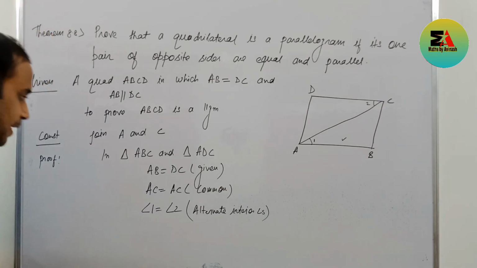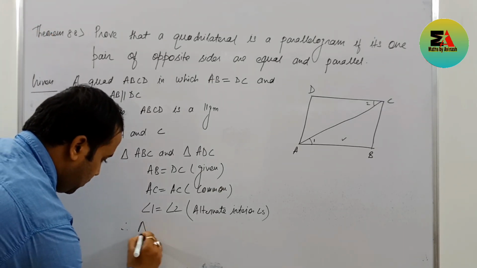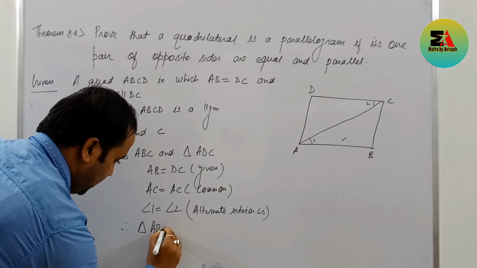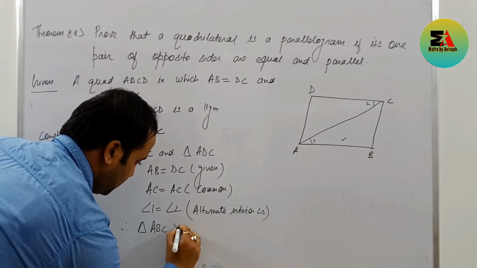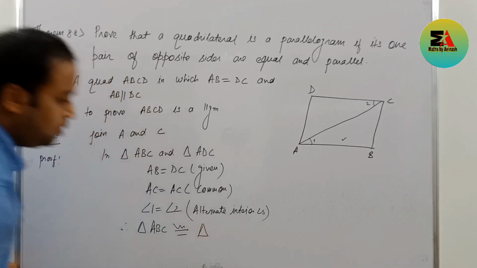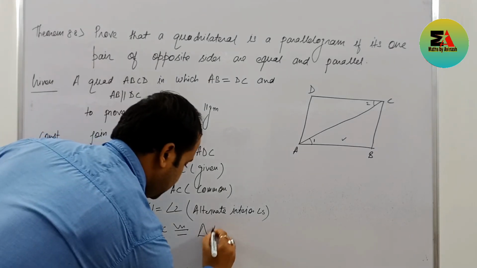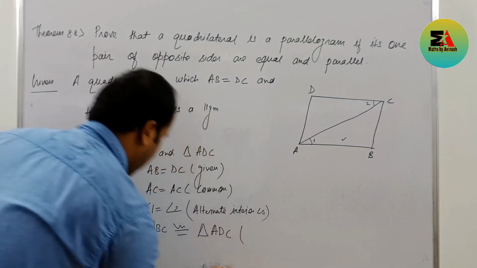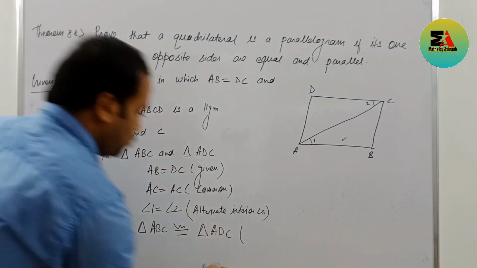Therefore, triangle ABC is congruent to triangle ADC by SAS congruency.